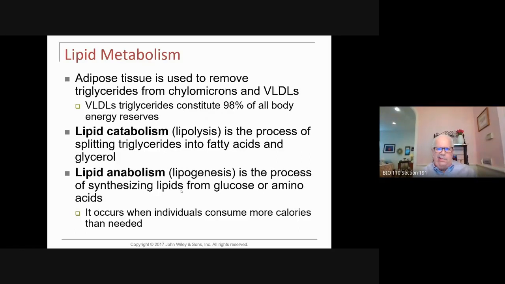Lipid catabolism is called lipolysis, the breakdown of lipids into fatty acids and glycerol. So splitting triglycerides, the process called lipolysis, makes fatty acids and glycerol. To build up lipids in your body from glucose or amino acids, that is called lipogenesis, to make fat from glucose and amino acids.